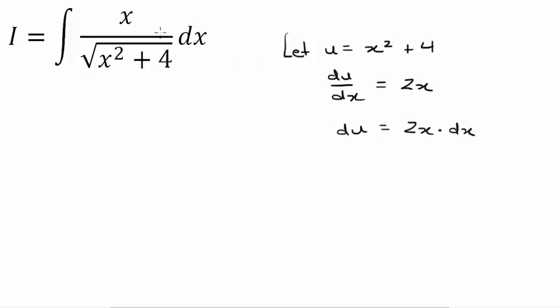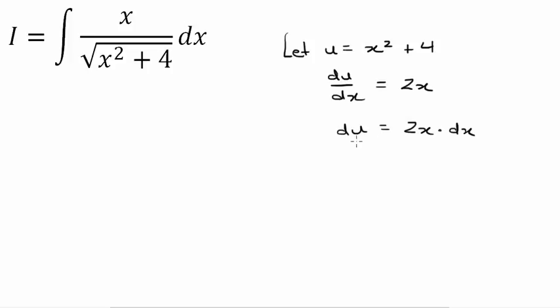Now, as we can see on the numerator, dx is really beside the fraction, but it's being multiplied, so the differential dx right here would actually be up here, right? And you can see that we have almost the same thing on here, except we've got a 2 at the front.